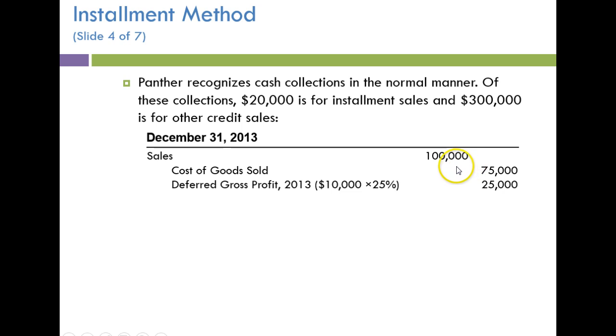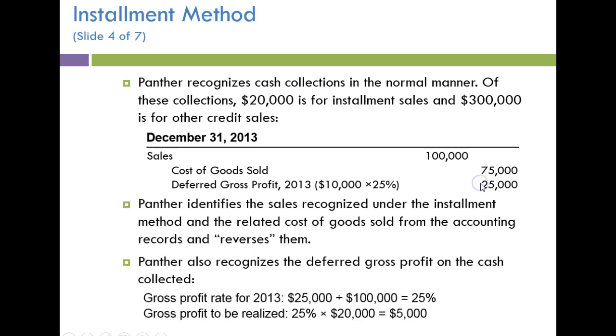So it's going to show the sales, the cost of goods sold, but look what it does here, guys. It's showing a deferred profit of $25,000. Do you see how then it debits your sales, it credits our cost of goods sold, and it credits our deferred profit? Panther identifies the sales recognized under the installment method and the related cost of goods sold, and then reverses them. So it initially puts it in with all of the sales, then it reverses them, and it recognizes the deferred gross profit on the cash collected.